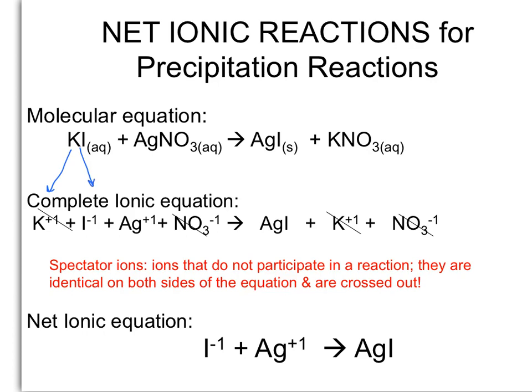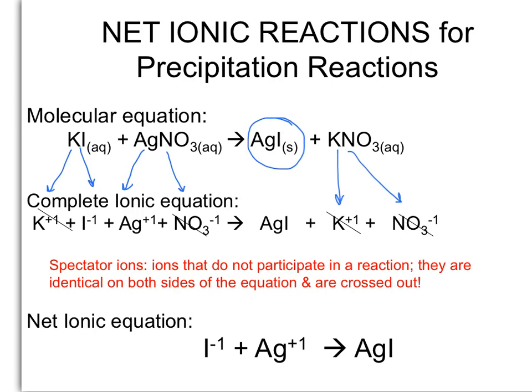The silver nitrate has separated into Ag plus and NO3 minus. The AgI is staying together because it will not split apart into ions. It is the precipitate. And then the KNO3 was determined to be aqueous as well, so that's going to split apart into K plus 1 and NO3 minus 1.